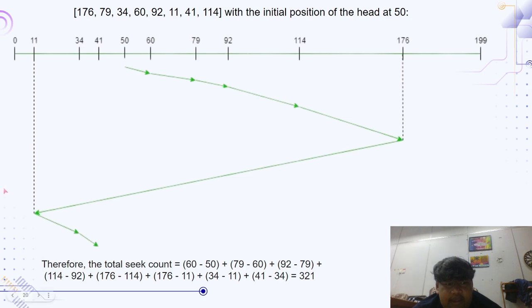So here we have 11, and then 34 and 41. The total seek count is 60 minus 50, 79 minus 60, 92 minus 79, 114 minus 92, 176 minus 114, 176 minus 11, plus 34 minus 11, plus 41 minus 34, and it is equal to 321.